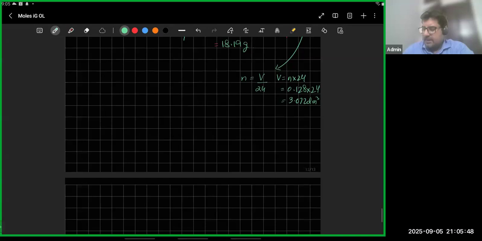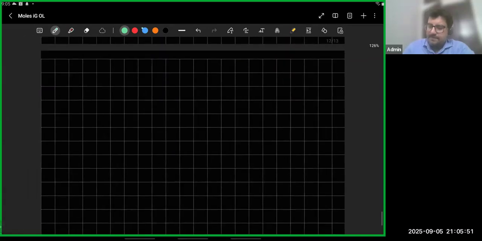Next, now we're going to do limiting and excess reactants.